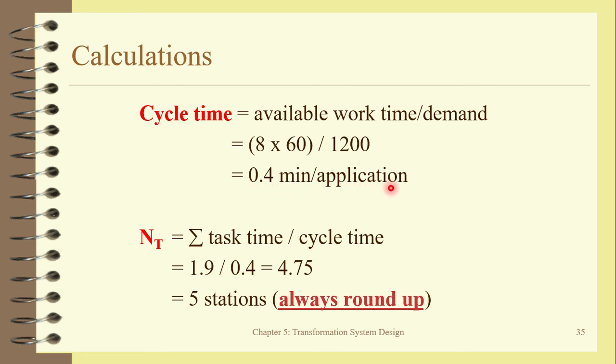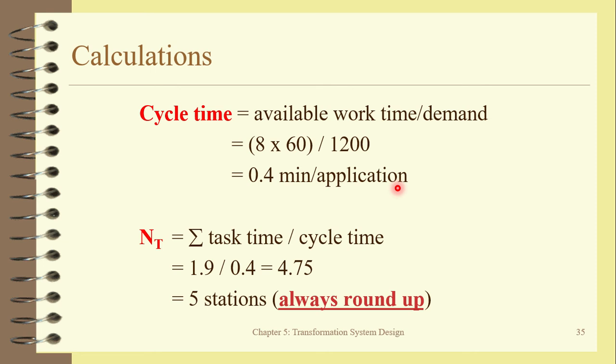0.4 minutes per application. What if the cycle time of the line is more than 0.4, like 0.5, 0.6, 0.7? In that case, the 1,200 applications that are required cannot be completed within a day.